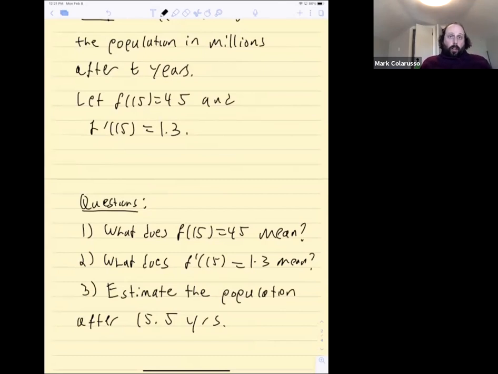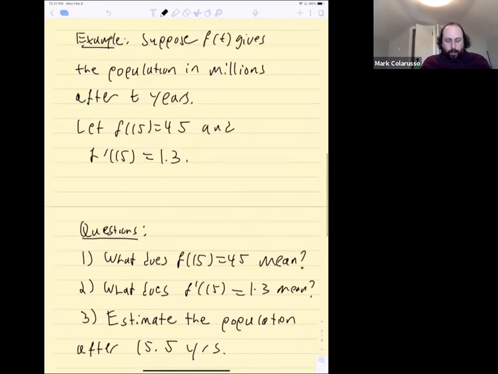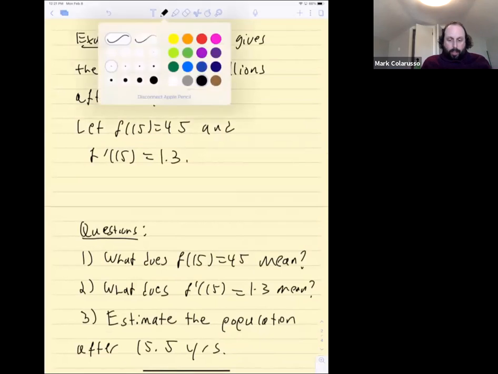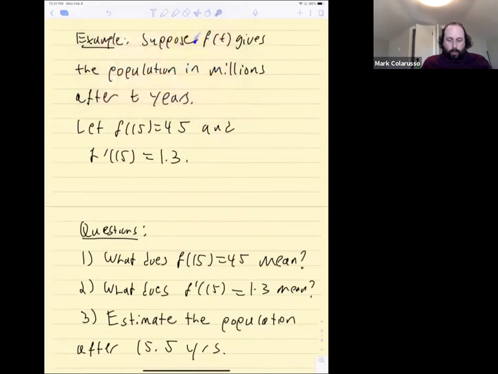For the first two questions, we can just remember what the function means and read off from this data. We can use the definition of the function along with the definition of the derivative to understand what these things mean. So f of 15 is telling us the population in millions of people after t years.